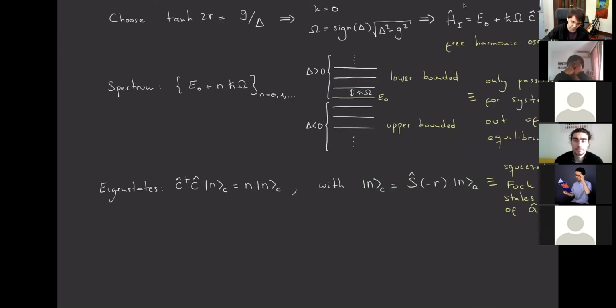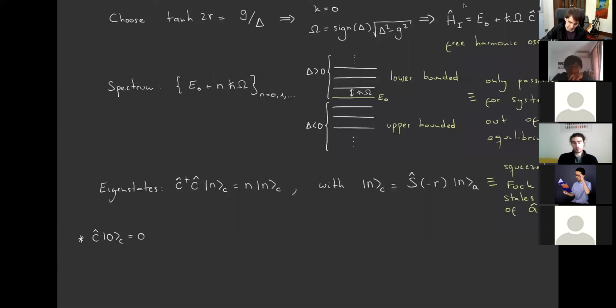So the first thing that I can do, let me start by doing this for the vacuum state first. So the vacuum state of the C operator is defined as the state that is annihilated by this operator, right?